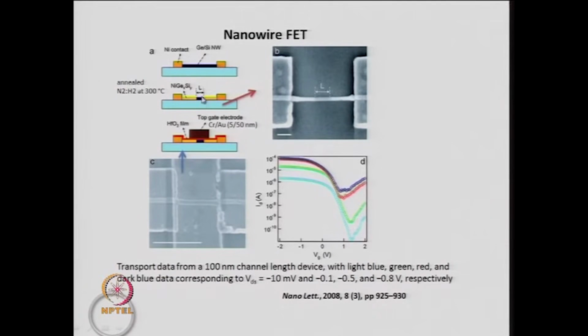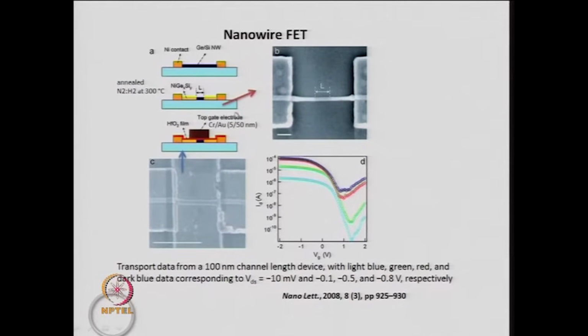So, now the composition of your nanowire is no more the same. You have germanium silicon nanowire at the center, and you have nickel doped germanium silicon on the left and on the right. Because of the change in the composition, their property will be different, and now this will behave as if a nanowire with nickel germanium silicon on either side.